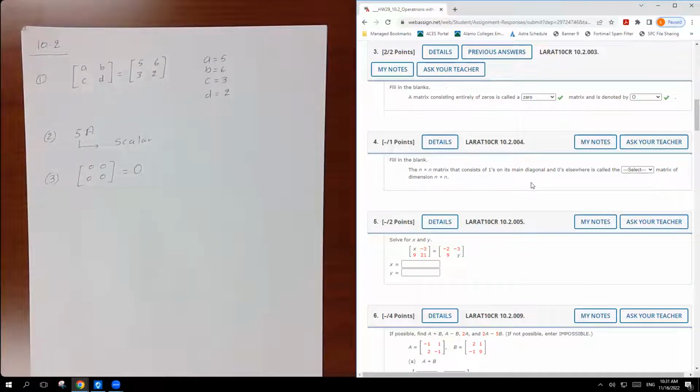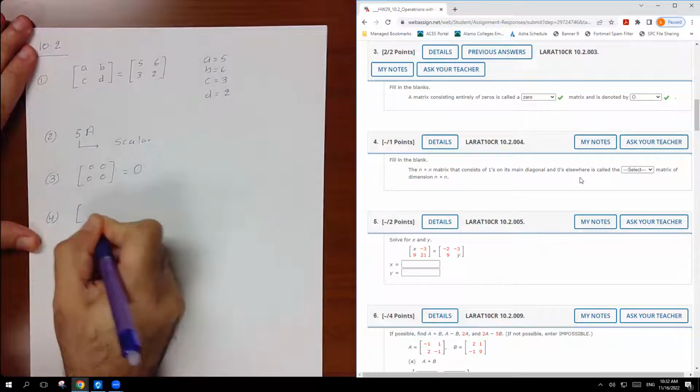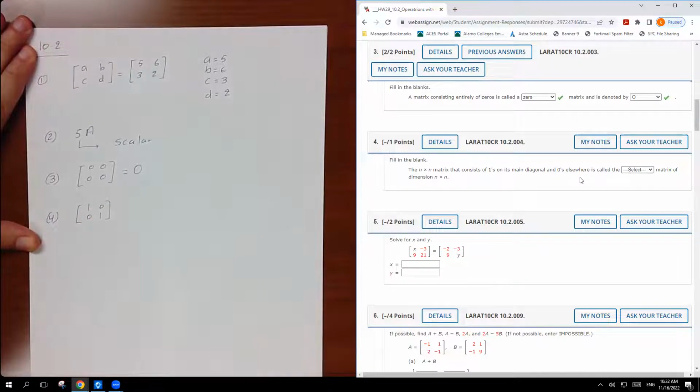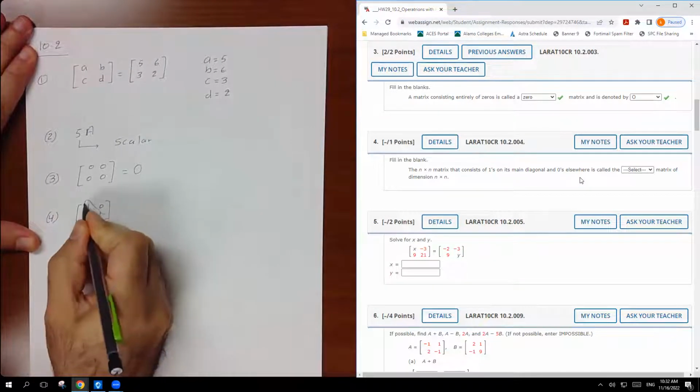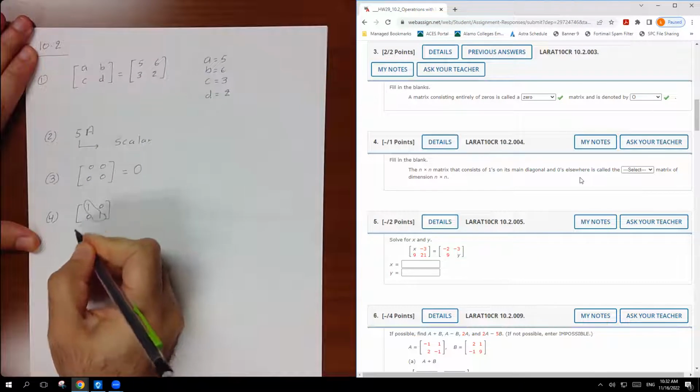So now, the n times n matrix consists of 1 in the main diagonal and zeros everywhere else. Let's do an example like this. If you have this matrix, 1, 0, 0, 1, you see the main diagonal here is 1, and every entry on the top and the bottom equals zero.